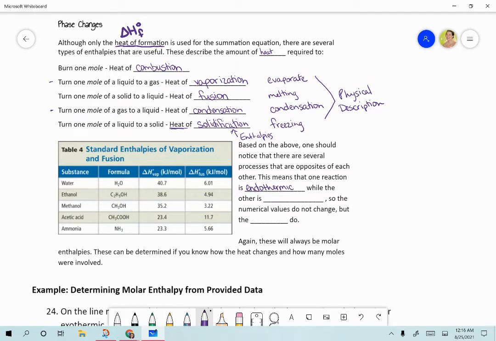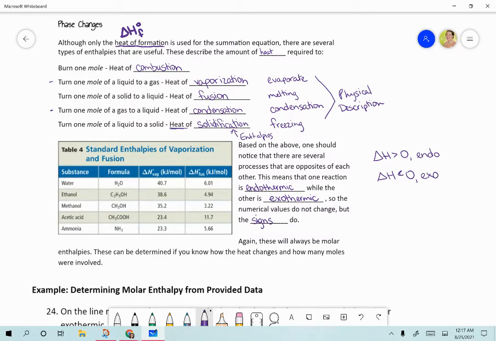So we're going to have these processes, and going one direction, it would be endothermic, and going the other direction, it would be exothermic. So the numerical value of that enthalpy change is not going to change, but the signs do. So remember, if delta H is greater than 0, that means we have absorbed energy, and that is my endothermic reaction. If delta H is less than 0, it's an exothermic reaction.